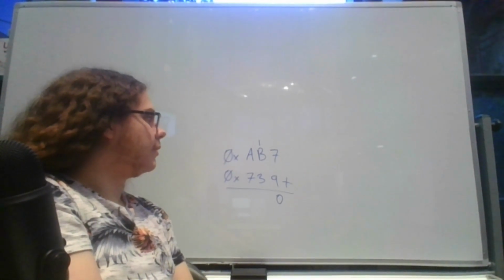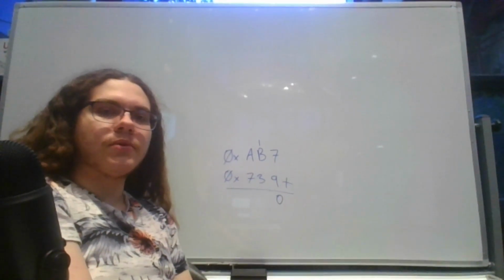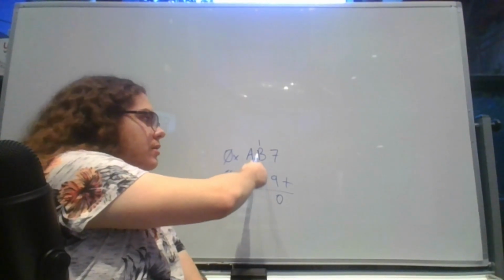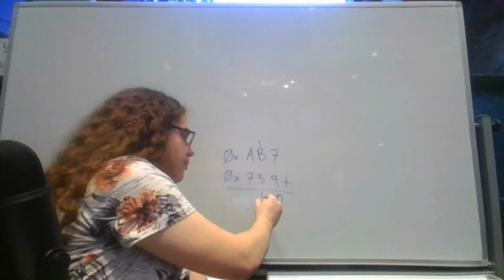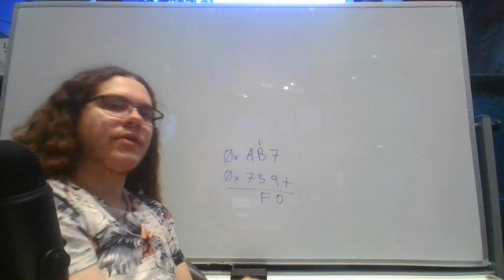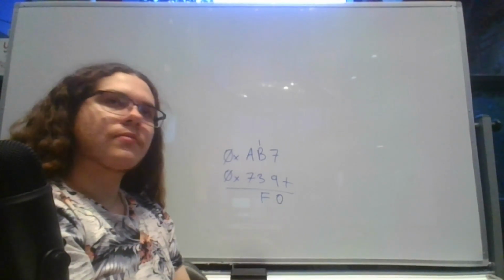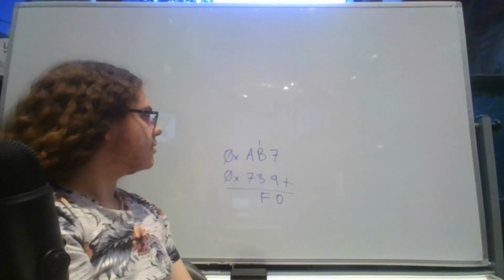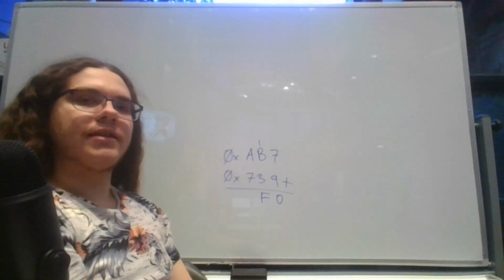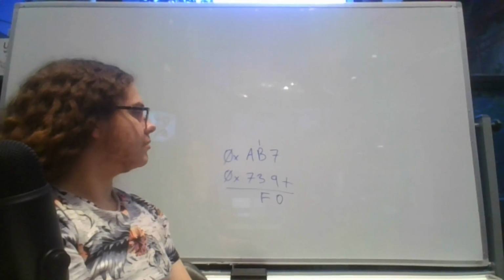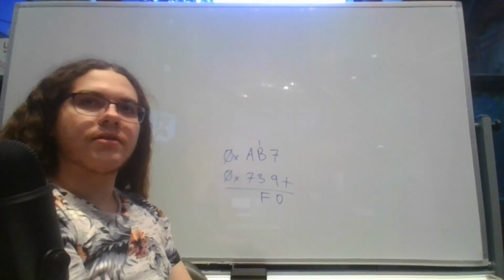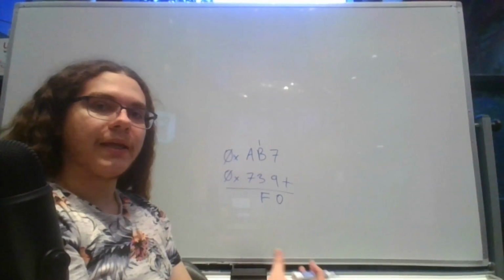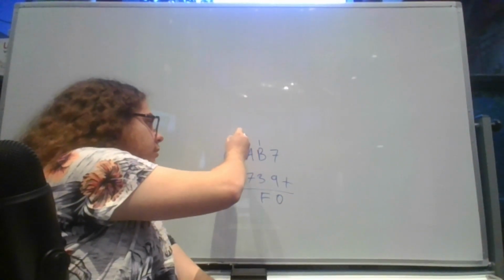So for this next one, we have b, which in decimal is 11, and then 11 plus 3 is going to be 14, and then 14 plus 1 is 15. And in hex, that would be f. And then for the last column, we have hex a plus hex 7. A is like 10 in decimal, and when we take 10 and add it to 7, we get 17, which again is too much for this place value to hold, so we carry over the 16, so we carry over 1.